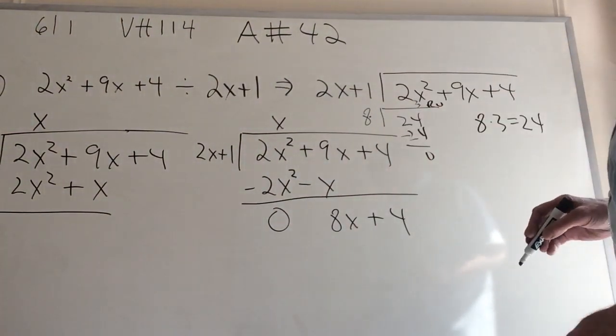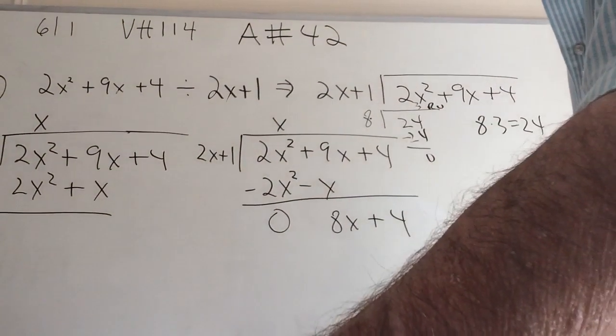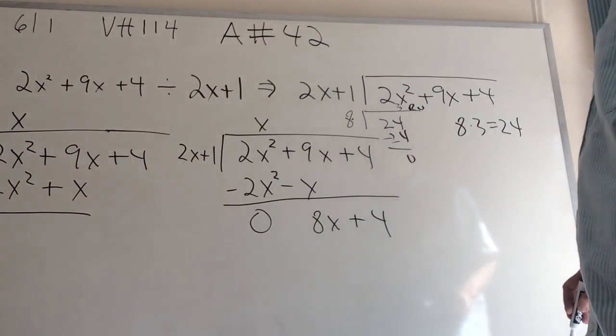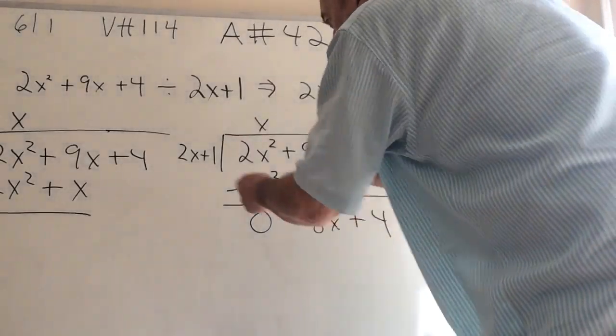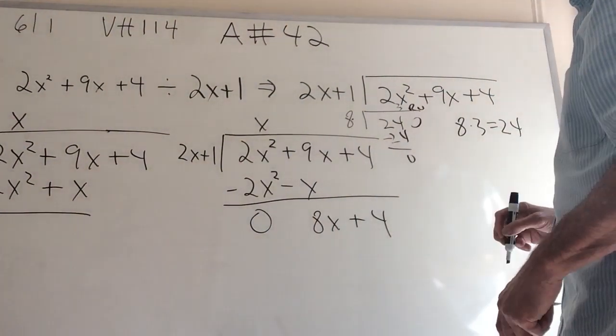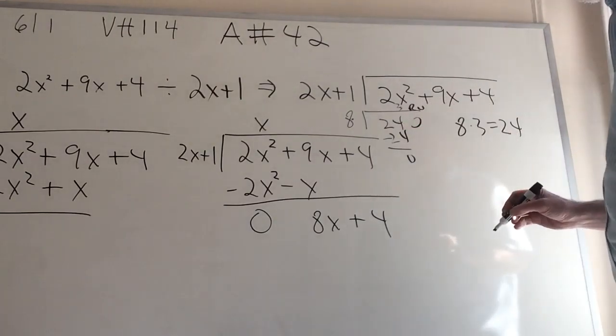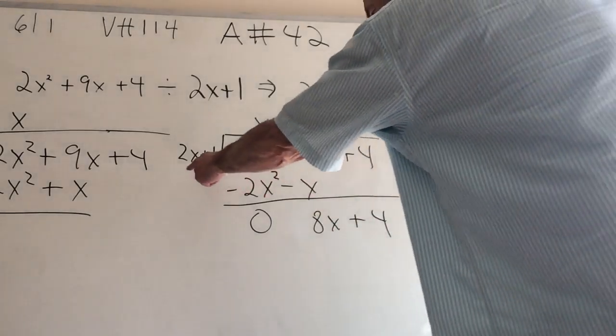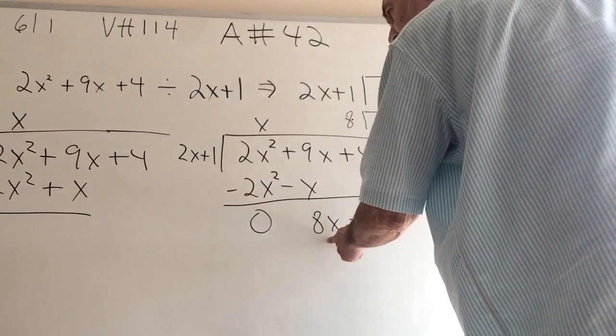And now I stop here. And this is often a problem sometimes for the kids. But you're not going here to here. You're going here to here, just like you would if you did this into 840, 8 into 240. So now you have to take this and divide it into this.